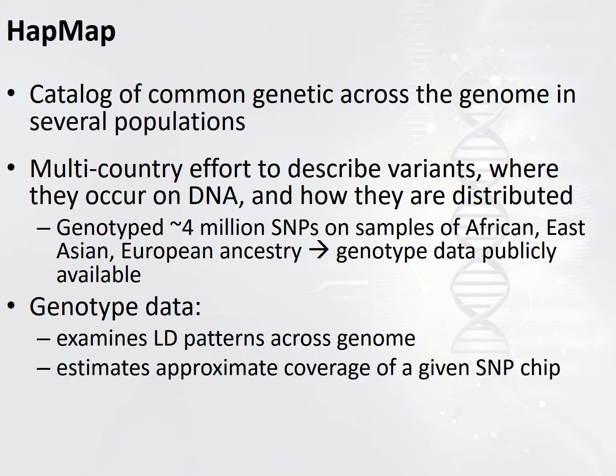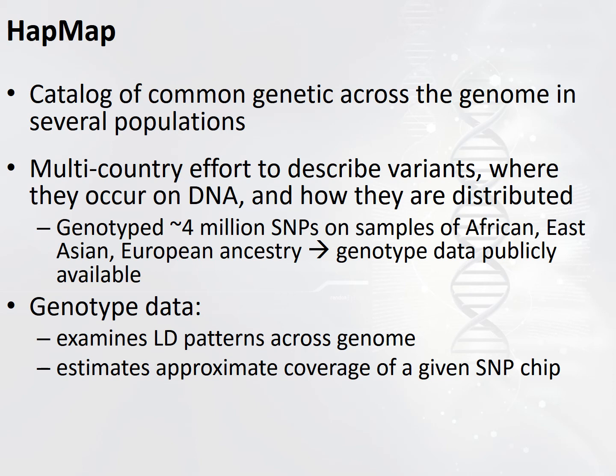So what is HapMap? I think we actually talked about it before. HapMap is a catalog of common variants across genomes. There are four geographically distinct groups that are represented: Europeans, West African populations, Chinese population, and Japanese.